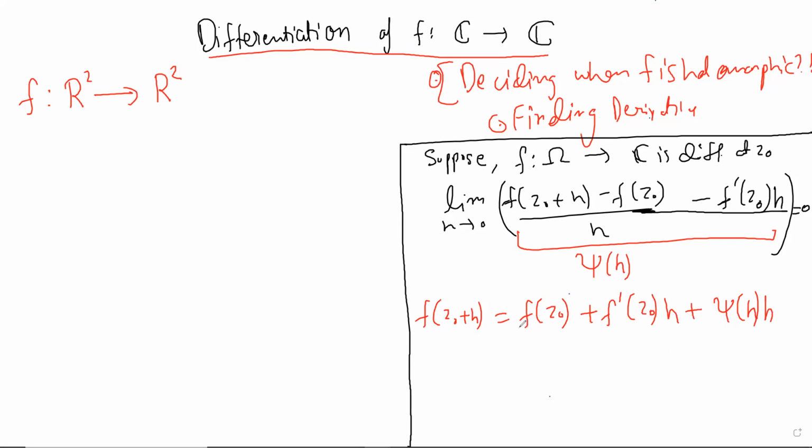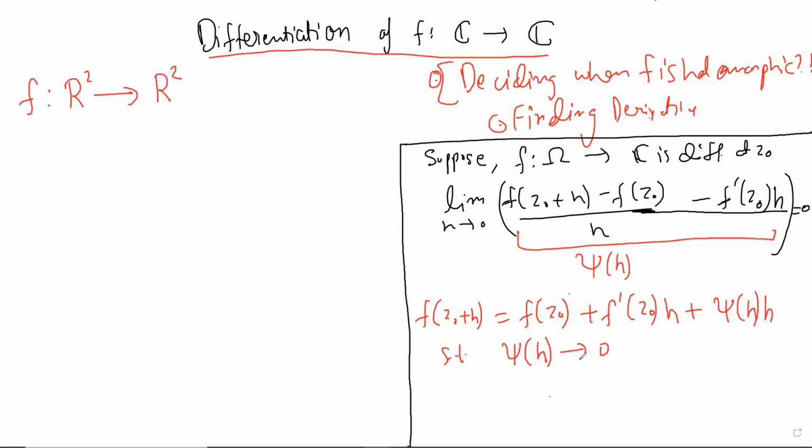This is the part that we are interested in. The limit is not here; it can just be written like this, because this is just the definition, nothing else. But the key is that psi h goes to 0. I have not done anything, just written the definition. This is the definition of derivatives also.